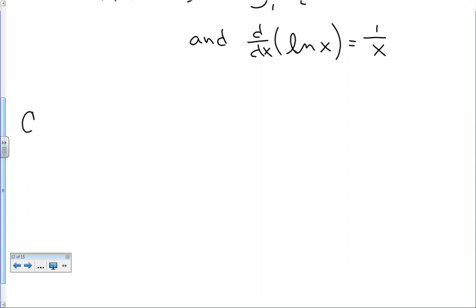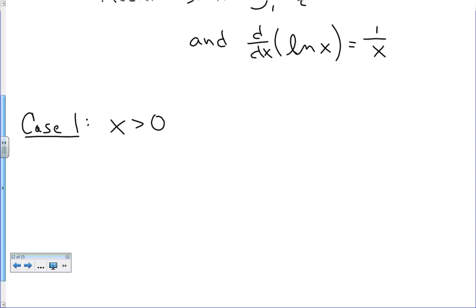So let's call this case 1. We'll deal with the positive domain first, because that's the easier of the two, since we can basically use the properties we've just written down. Let's take on the case where x is greater than 0. Then everything we've just said applies here.